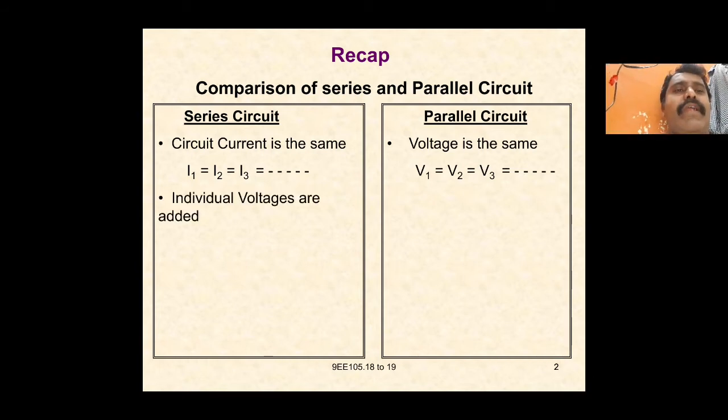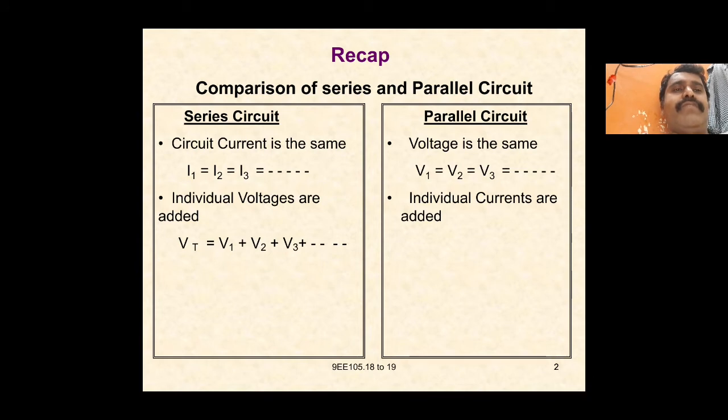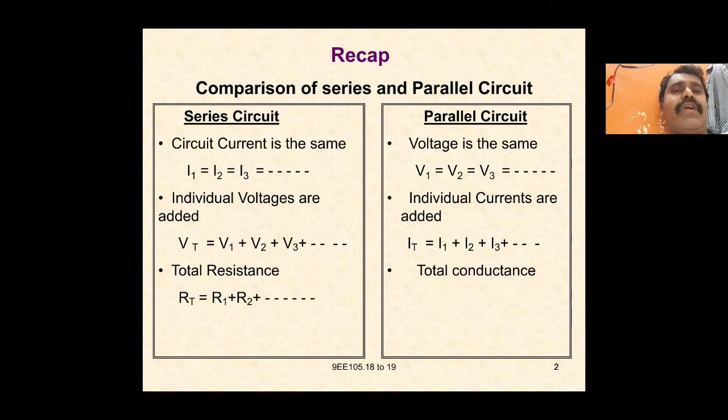Individual voltages are added, and individual currents are added. Vt is equal to V1 plus V2 plus V3, and It is equal to I1 plus I2 plus I3. Total resistance RT is equal to R1 plus R2 and so on up to Rn. Total conductance GT is equal to G1 plus G2 and so on up to Gn.